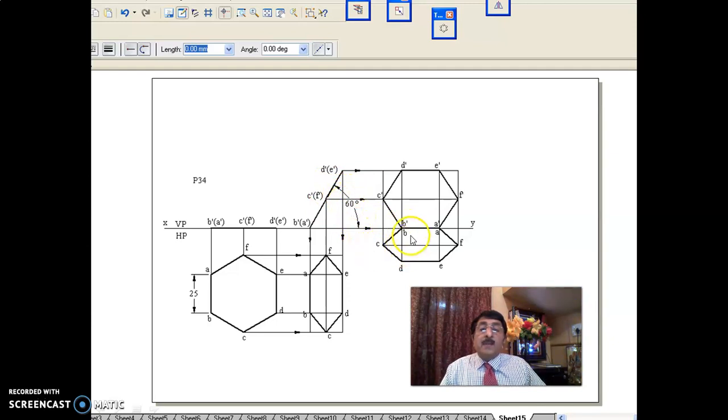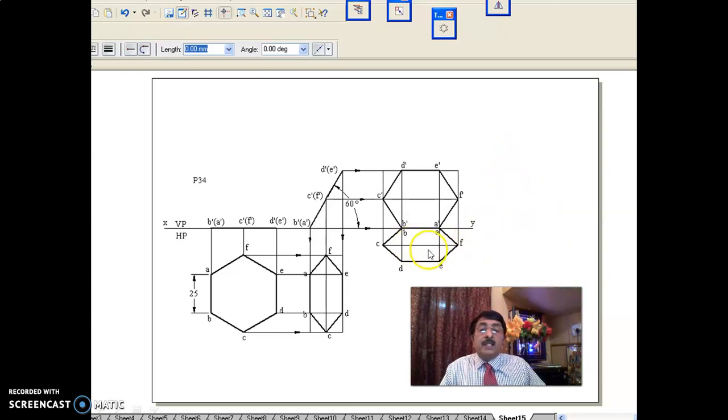Now if you imagine, a good imagination will tell you, if it is 60 degrees to HP and you are looking from left view, D double dash bracket D double dash you get here, C double dash bracket D double dash somewhere here you get, B double dash bracket A double dash you get. If you get a straight line here, it is perpendicular to RPP, but surface inclined to HP is 60 degrees. Naturally, with respect to x1 y1, it will be 30 degrees.